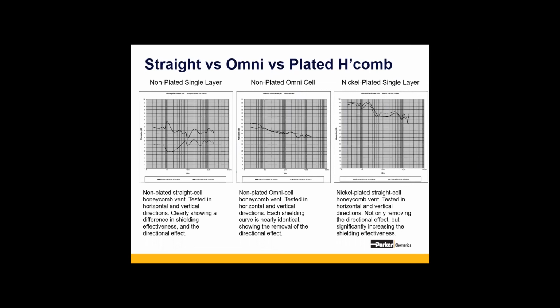So on the first graph, what you'll see is actually the directionality or the polarization of the shielding in the horizontal and vertical directions, with the dotted line representing shielding in one direction and the solid line representing shielding in the other direction. Using an omnicell design and that overlapping honeycomb, you actually see that you're mitigating a lot of that directionality, but not really improving the overall shielding effectiveness of the vent itself.